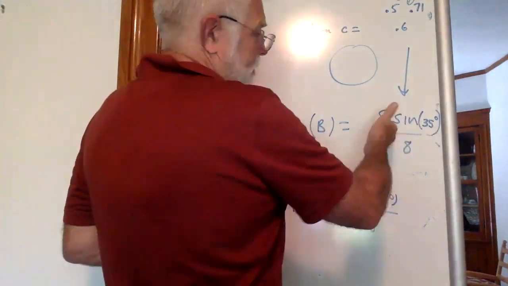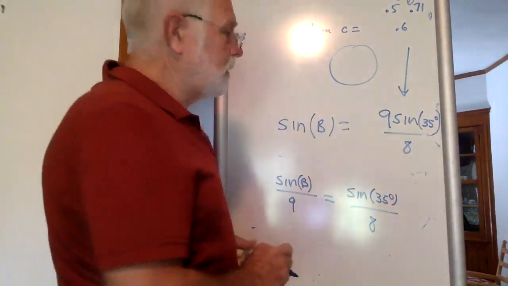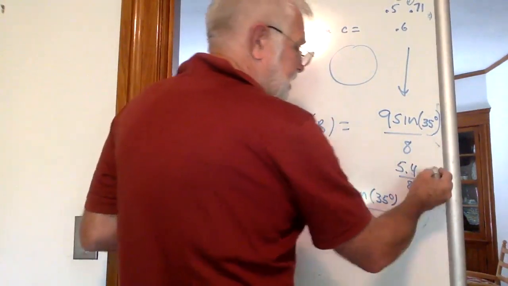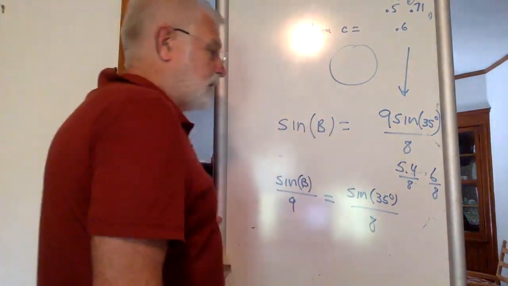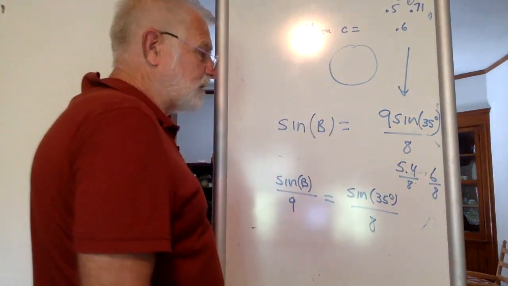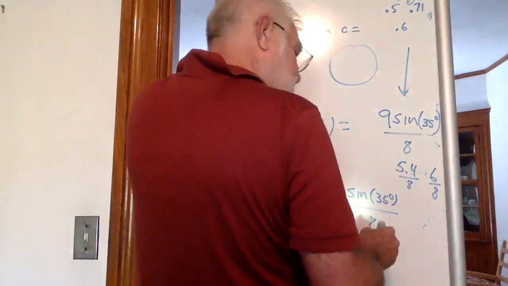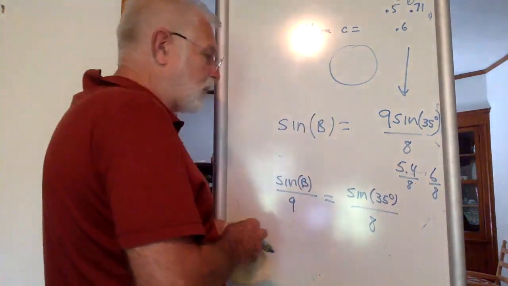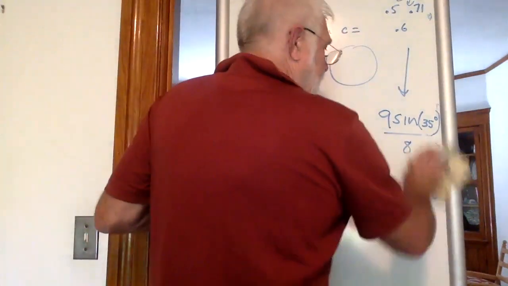Well, 5.4. So 5.4 over 8. We know 6/8 is 3/4, 0.75. 5/8, not so sure. 4/8, a half. So somewhere between a half and 0.75. I'm just playing around.